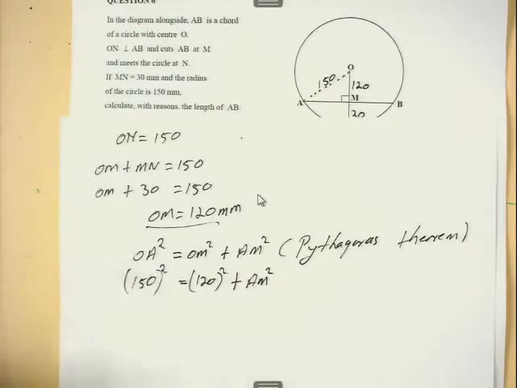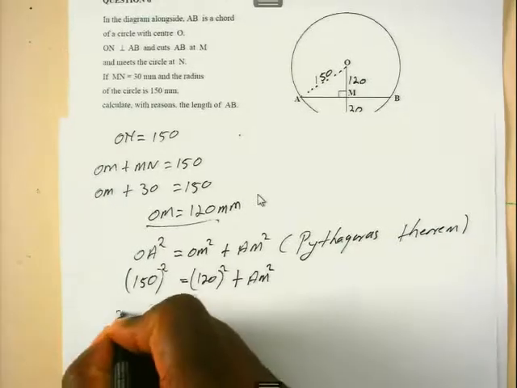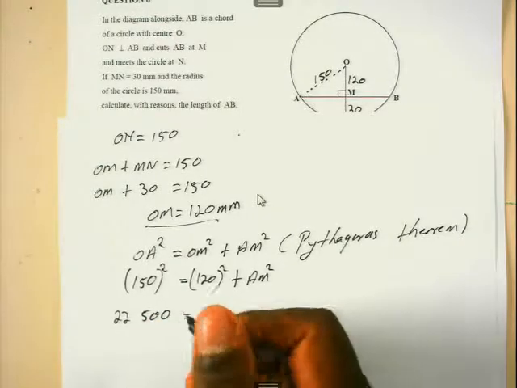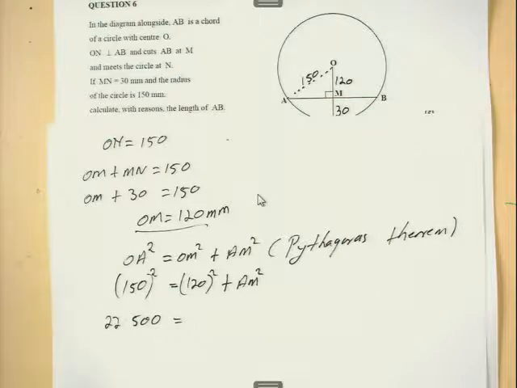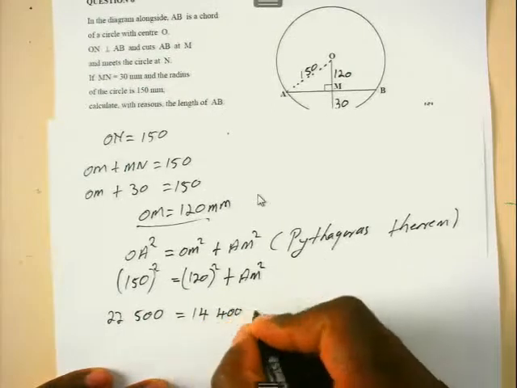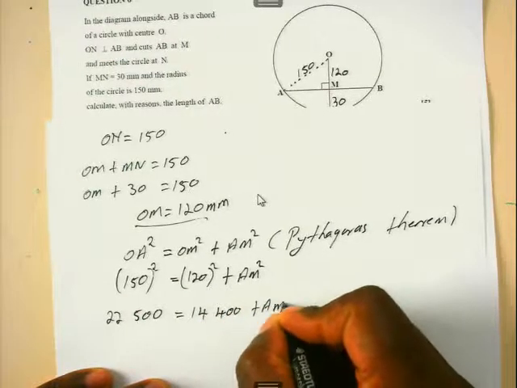Let's square 150 with the aid of a calculator. 150 squared will give you 22,500, which is equal to 120 squared. When you square 120, you've got 14,400, plus AM squared.